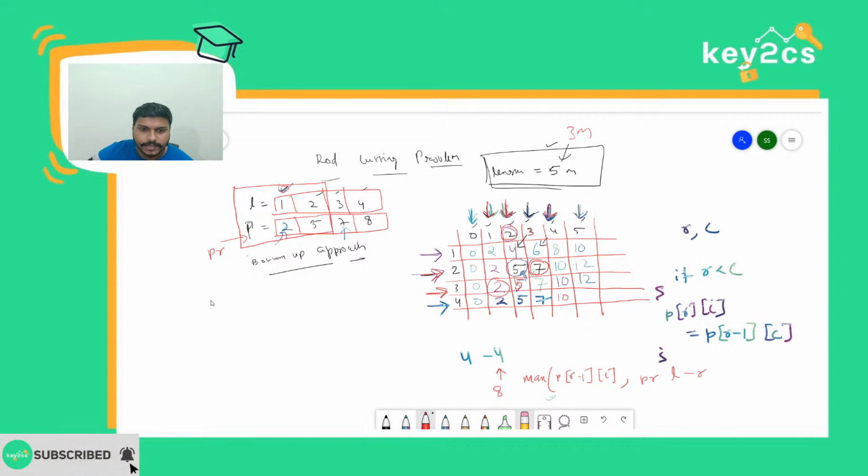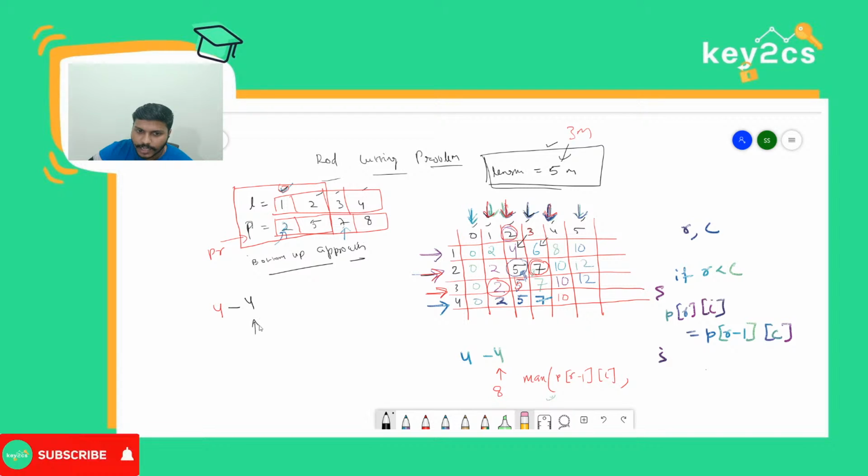I'm saying here we need 4 meter length total. Let me also clear this part. If we take a 4 meter rod, we would make a profit of 8. Where is this 8 stored? In this profit array, right?